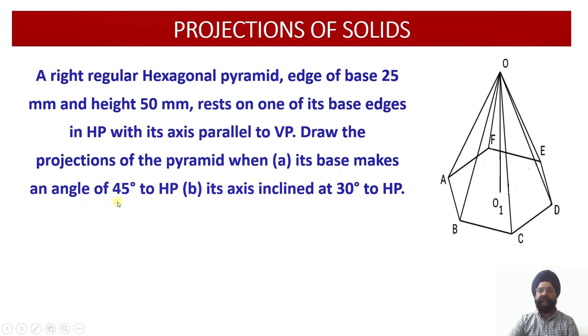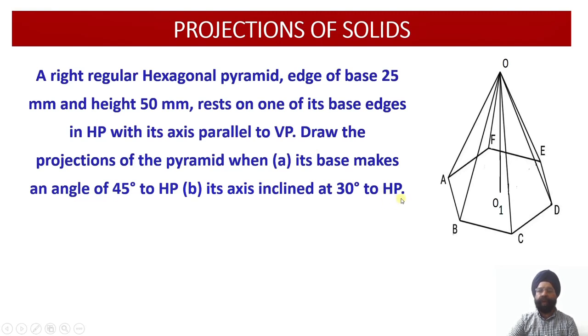That is, base making an angle of 45 degree means axis is also inclined at an angle of 45 degree to the horizontal plane. And in the second case, the axis is inclined at an angle of 30 degree to the horizontal plane. That is, its base will be inclined at an angle of 60 degree to the horizontal plane.